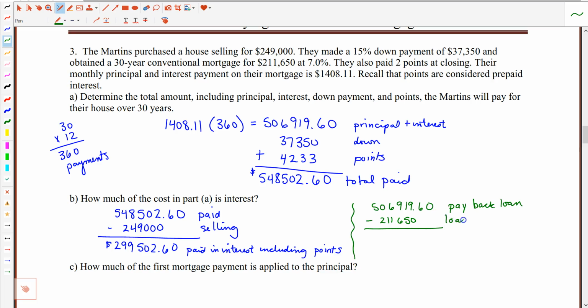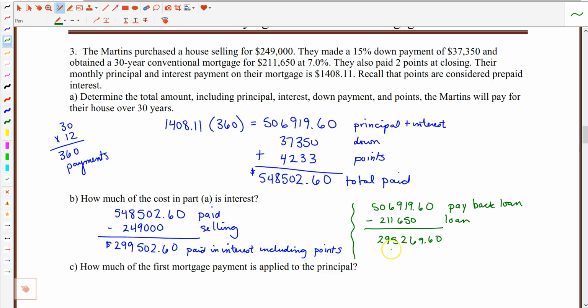Now at this point in time, if you were to subtract those two amounts, that would tell you how much you paid in interest over the life of the loan, which would have been $295,269.60. Now that's how much they paid in interest over the life of their loan.